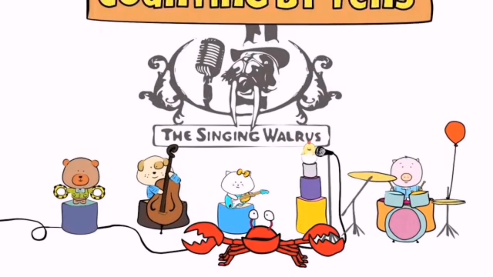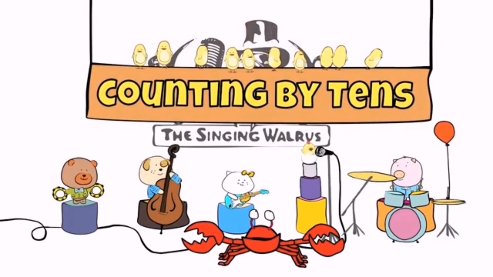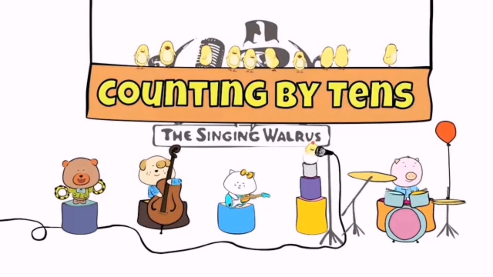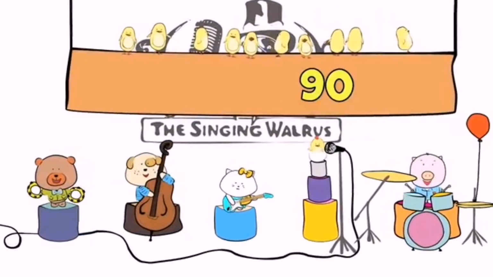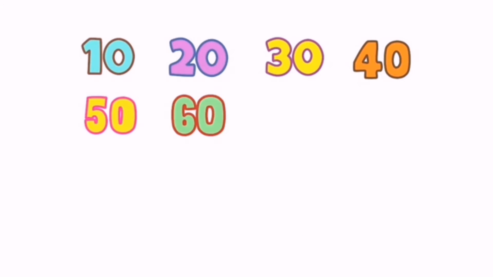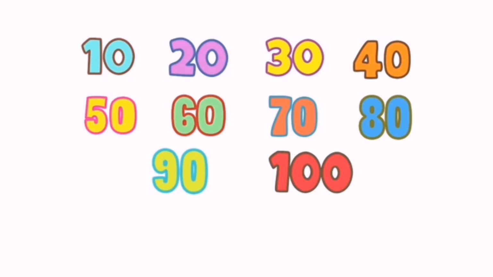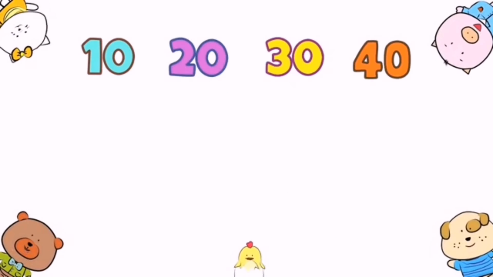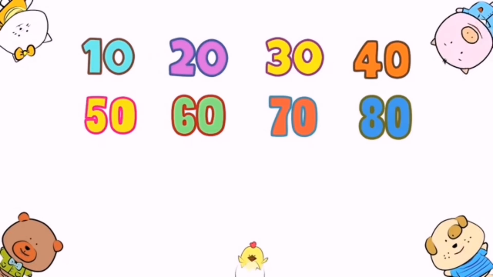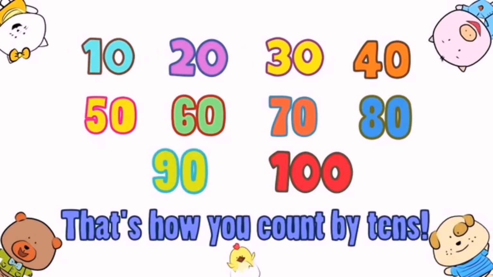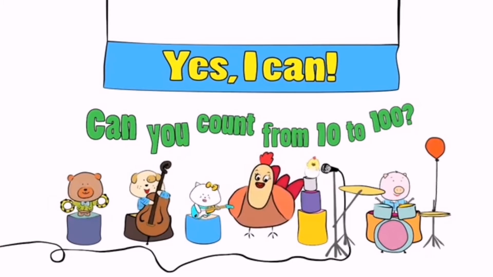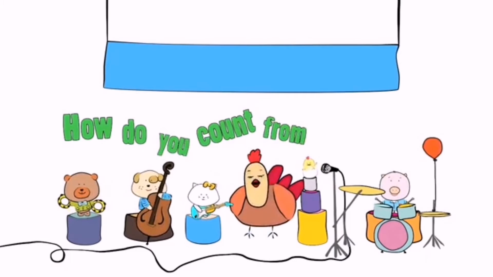The Singing Walrus. Counting by tens. 1, 2, 3, 4. 10 to 100.